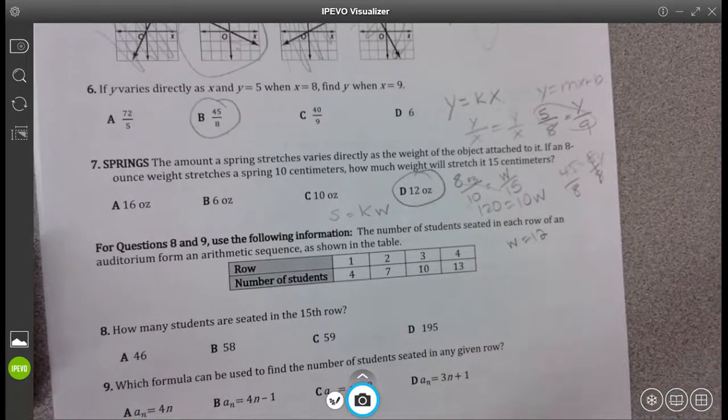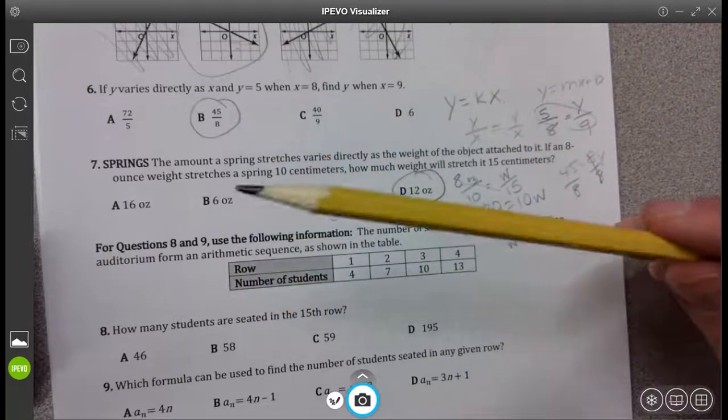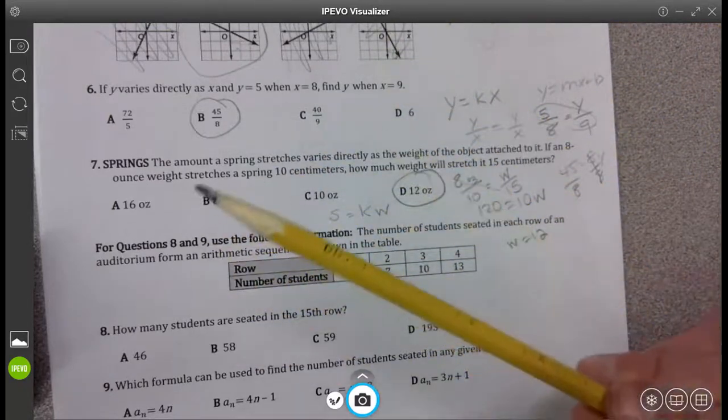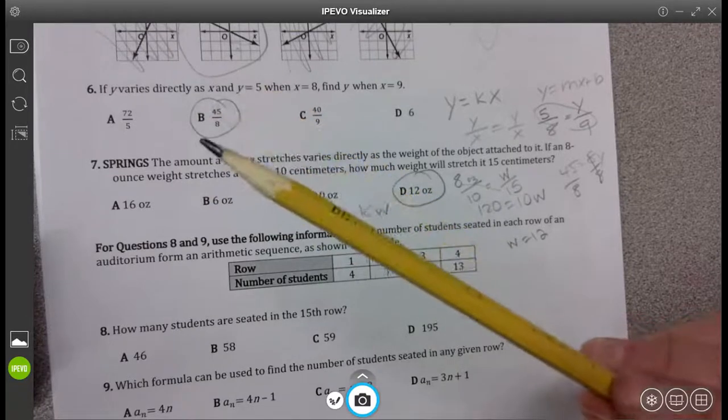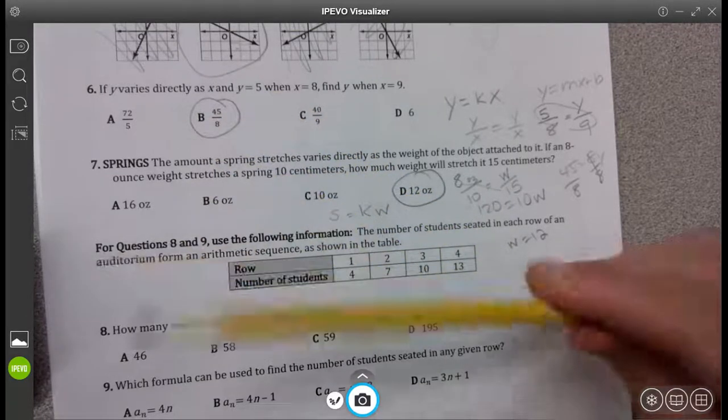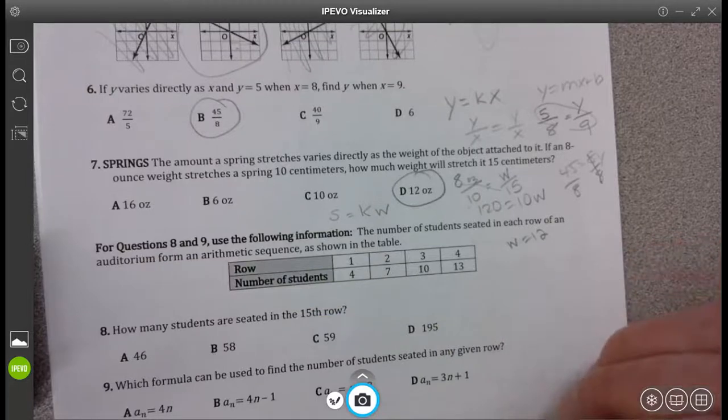If any of these are fast, you can stop, rewind, and listen until you figure it out. Now, there's words in here. If you still don't get it, the keywords here are "varies directly." You have this wonderful thing called YouTube. If you type in Algebra 1 varies directly, you're going to get a slew of videos.